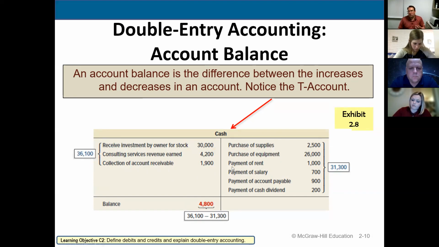That's the terms we would use when describing that. What that means is the business has $4,800 in cash. So increases, because it's an asset, increase on the debit side, decrease on the credit side. And then to find the balance, you just subtract the smaller from the larger, and that's your balance.